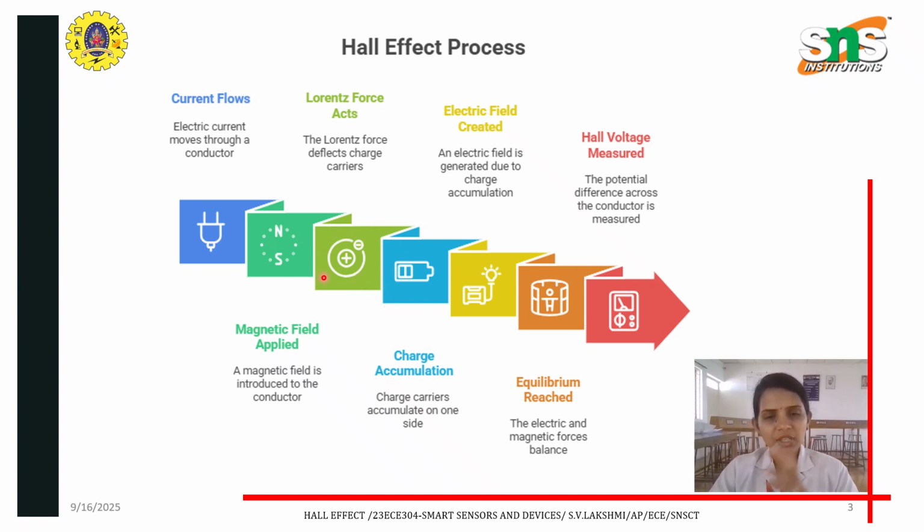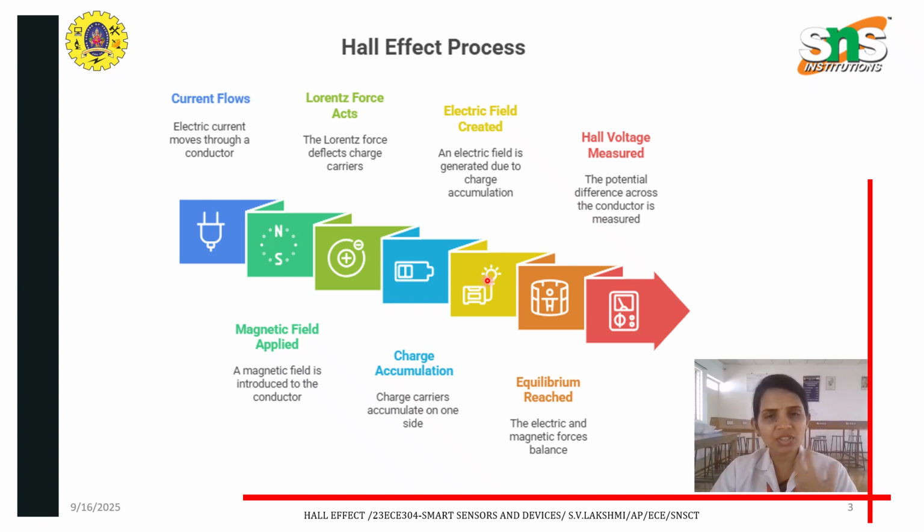On one side of the conductor plate, the charge starts accumulating. After a certain period of time, equilibrium will be reached, where the electric force and the magnetic force balance. We call that equilibrium. We can then measure the Hall voltage, the potential difference developed across the conductor.